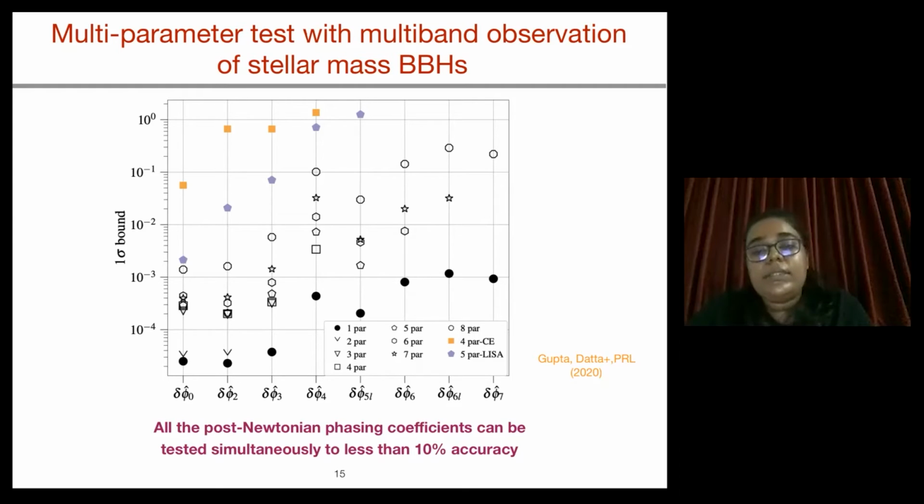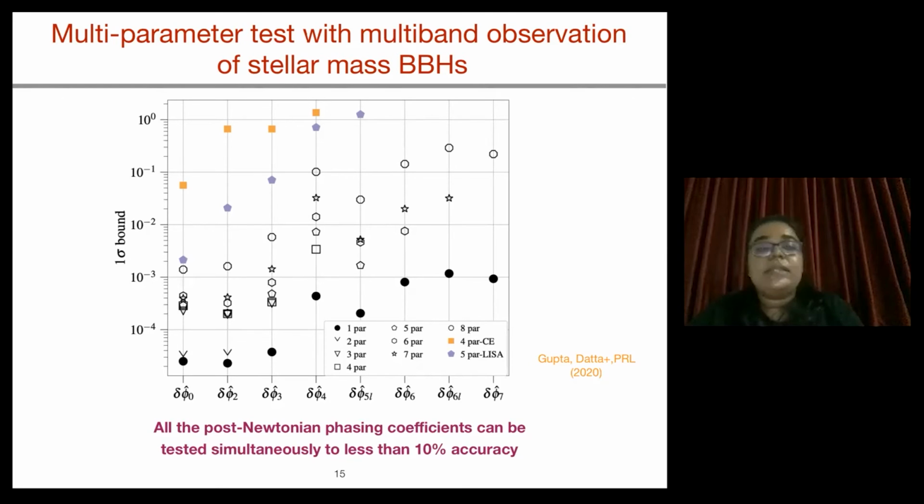But the marks shown by these hollow octagons give the bounds from the 8 parameter test, and it shows that all the post-Newtonian deformation parameters can be tested simultaneously with the GR parameters to less than 10% accuracy.